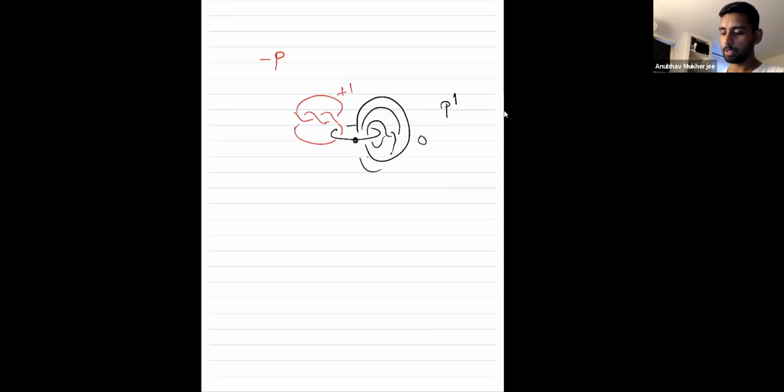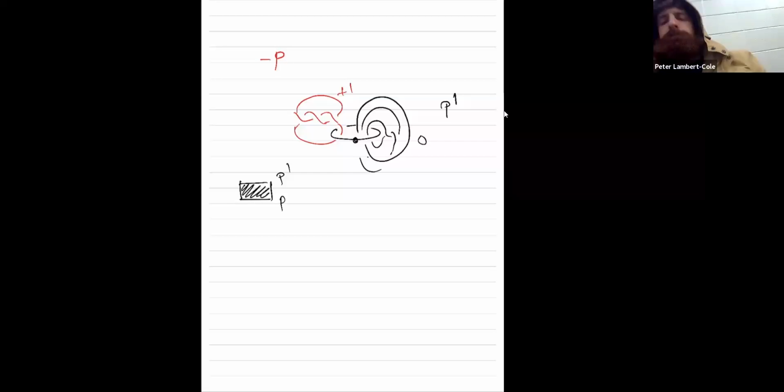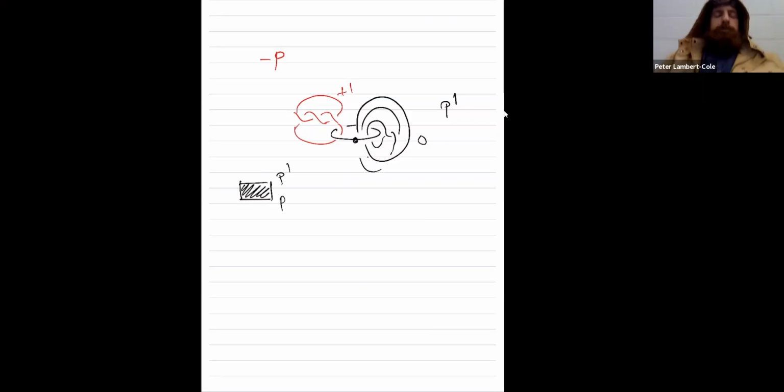By construction this is a homology cobordism, and P prime is Stein fillable, because if you slide this handle over this one, that will increase the Thurston-Bennequin number by 2, and you can have a good representation of P prime by handle calculus.